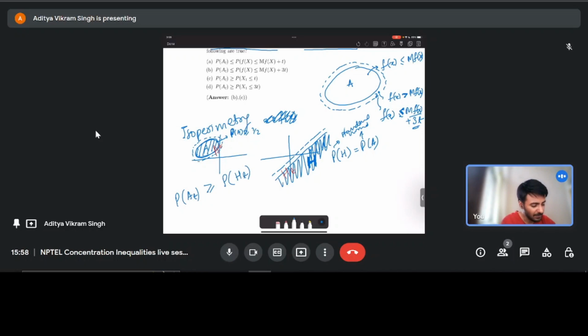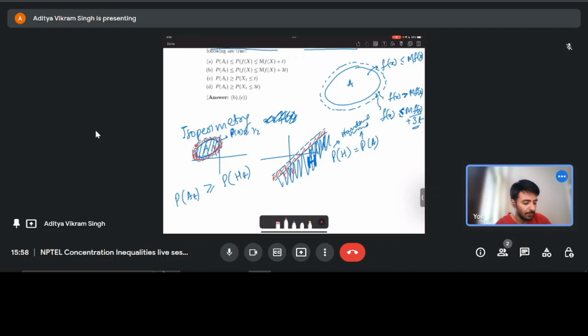You can treat this thing here, which I'm shading as red, as a kind of surface area as t goes to 0. We saw the definition of surface area. So the hyperplane has the least surface area, and when you do this T blow up of A, A will have more surface area than the half space.